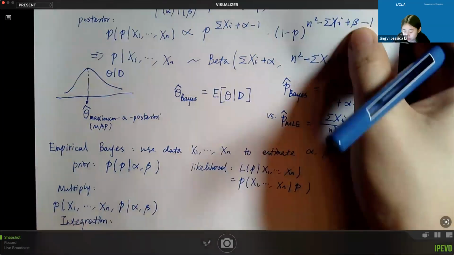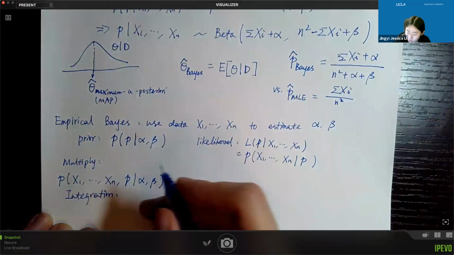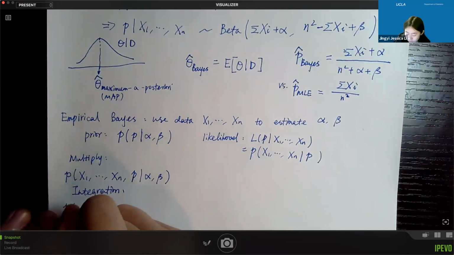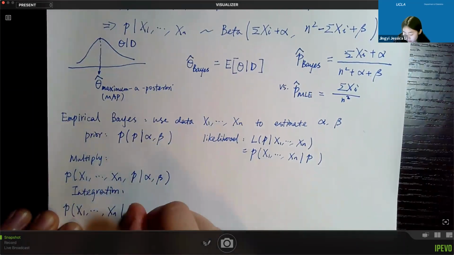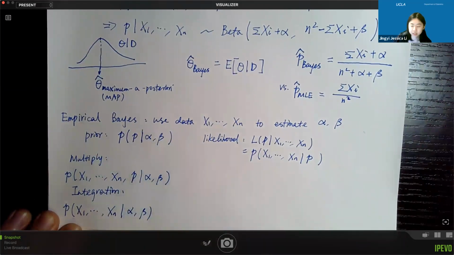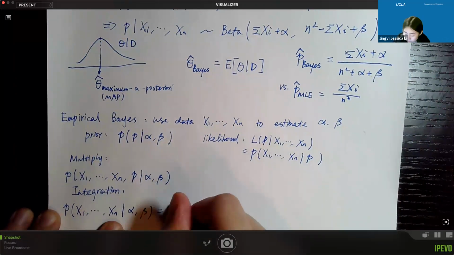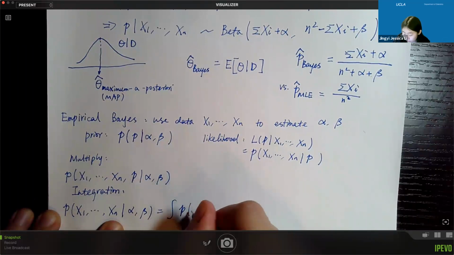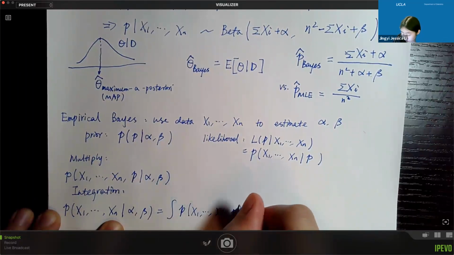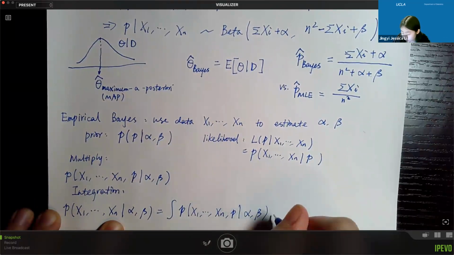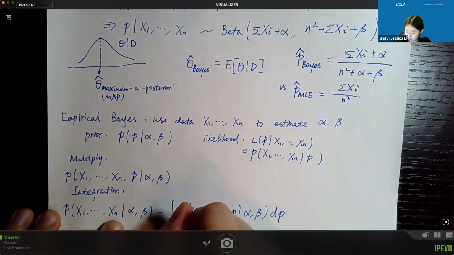So if we do integration, what we do is that we can have just the joint density of my data given alpha and beta. P is no longer there by doing integration. Okay, and P is from 0 to 1.